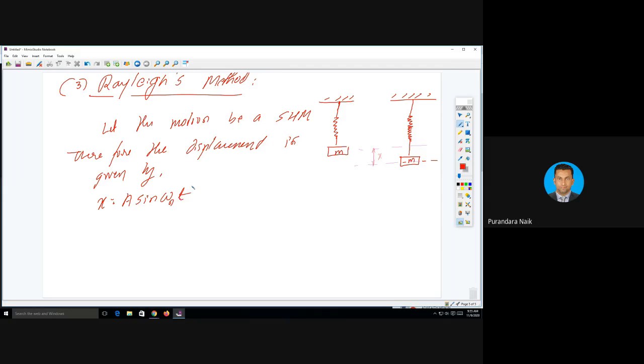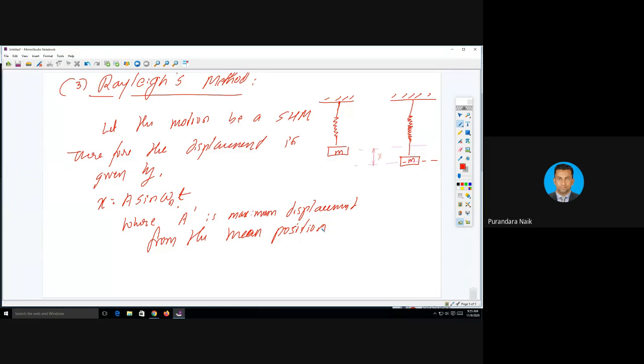This is the displacement equation for SHM that we have seen in the very first derivation, right? x is equal to a sine omega n t, where a is the maximum displacement from the mean position.